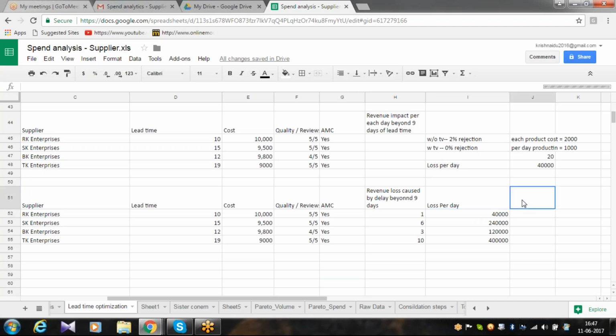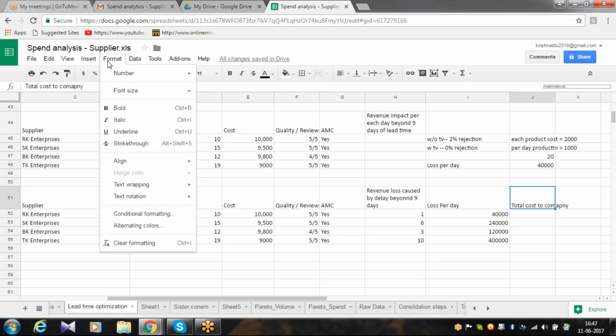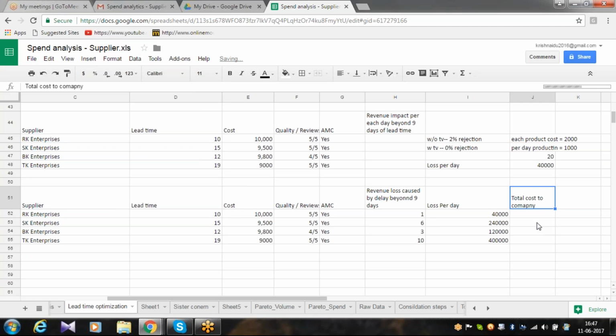The total cost to company is a new terminology we have to apply. There are many parameters used for calculating the total cost to company, but right now we are using only these parameters. What is total cost to company? 10,000 plus loss per day 40,000.